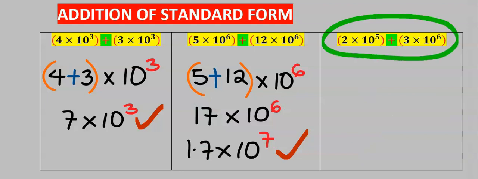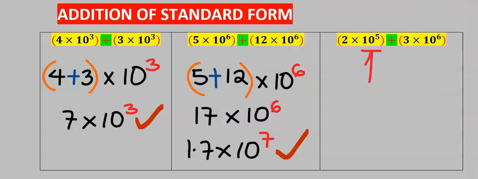Next, let's consider this question. The powers of 10 are not the same. For me to go on with the addition of this standard form, I'm going to make both equal, that is, making the powers the same.